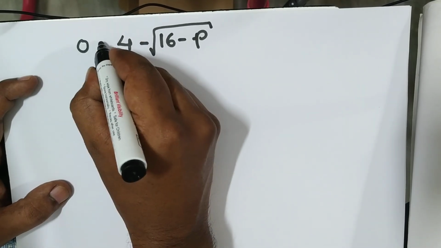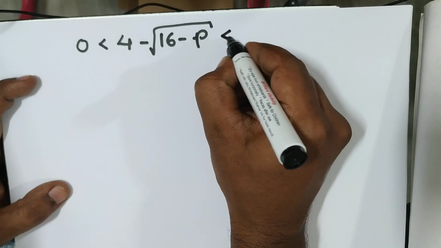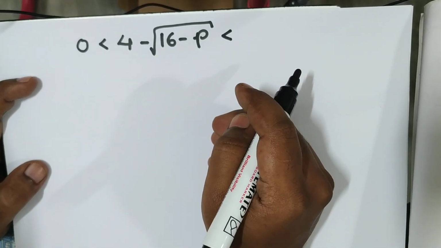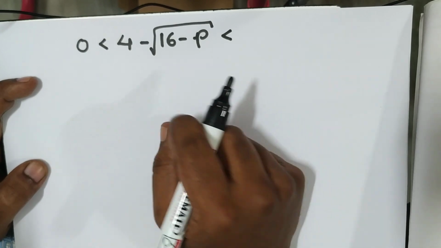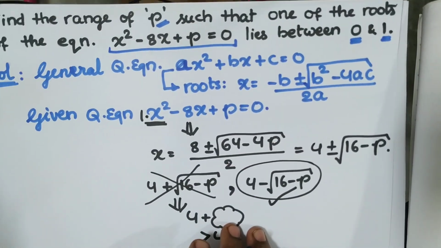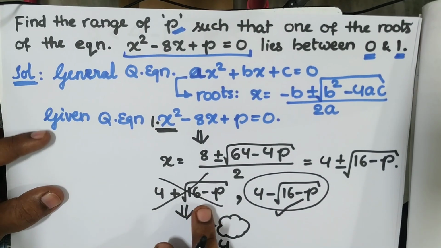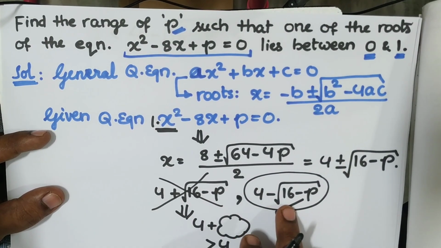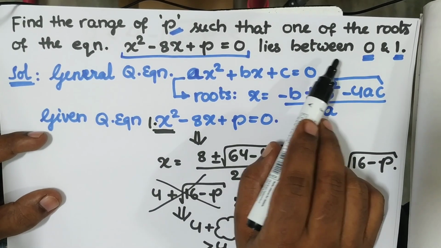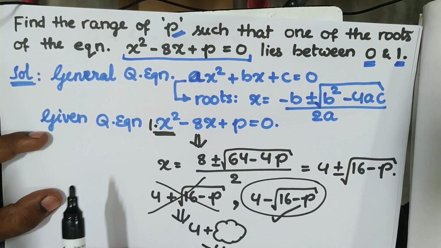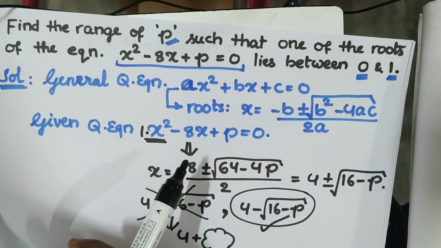See, again in competitive examinations, question paper setters will definitely check your judgment skills. In this case you have two roots, right? 4 plus square root of 16 minus p and this one. You must be able to judge which one of these two will fit this condition.